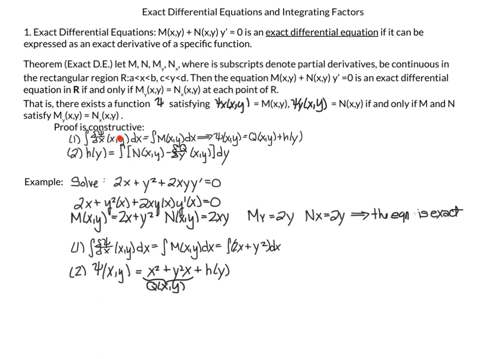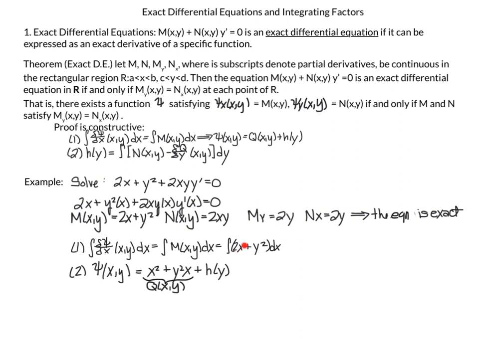Looking at my method here, I note that the integral of psi with respect to x, so I copy that down, is equal to the integral of M(x,y) dx. I copy that down, and then I plug in my M(x,y) in here. So I have the integral of 2x plus y squared dx. So what that gives me is, when I integrate this, the derivative of psi with respect to x, integrated with respect to x, is just going to give me back my psi.